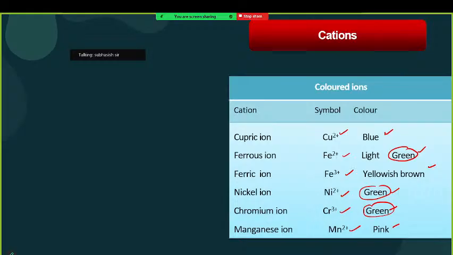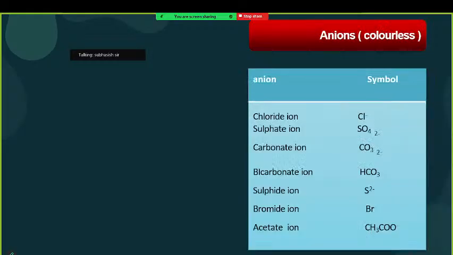Okay, next we should discuss the anions which are colorless. The anions which are colorless are mostly the chloride salts. Mostly sulfate salts are colorless. Carbonate salts are generally colorless. Also bicarbonate salts. Sulfide salts are not always colorless.